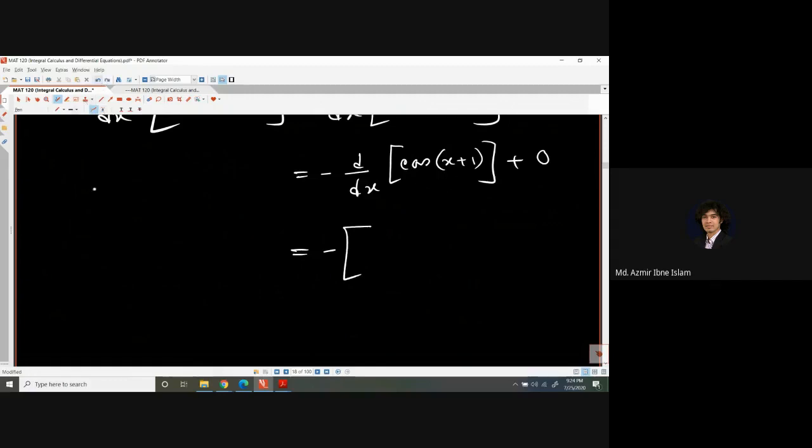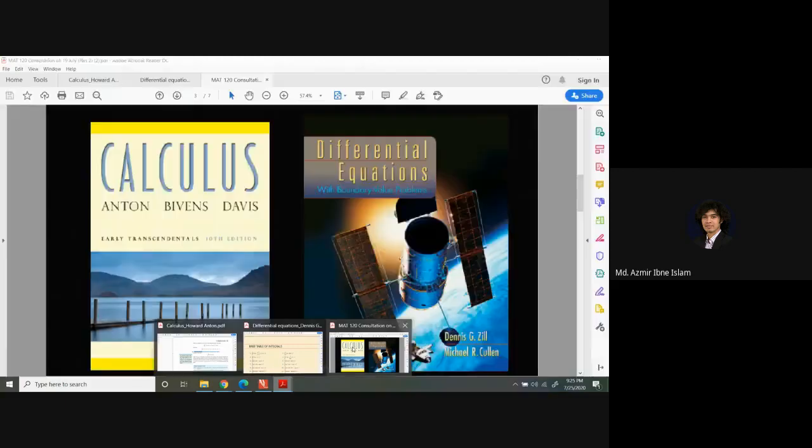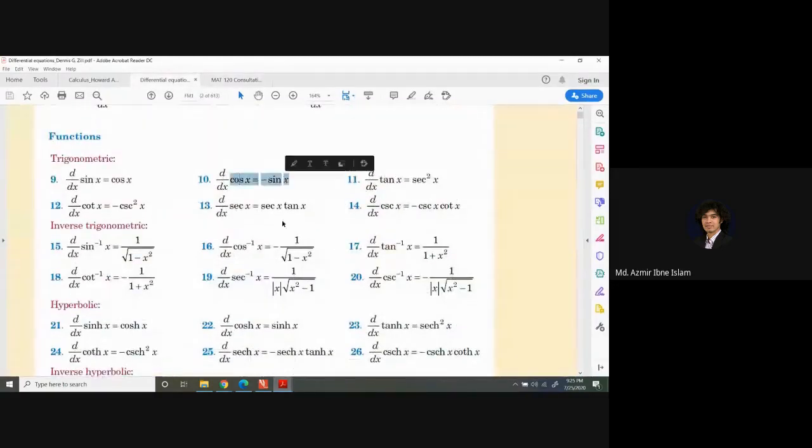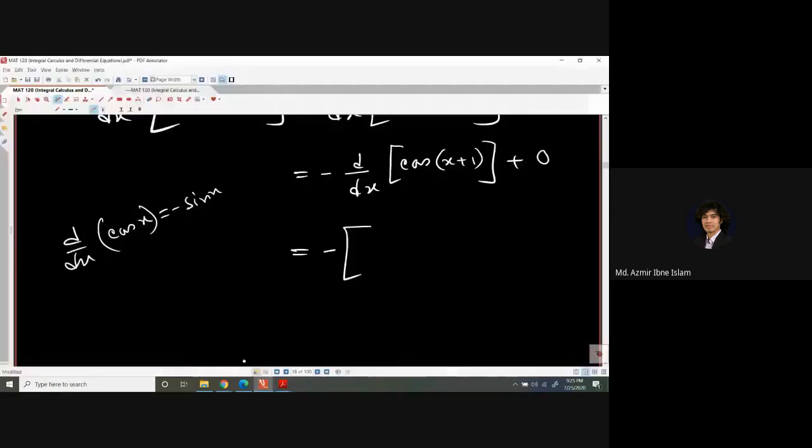At first, try to understand that this can be solved by using the chain rule. So what is the chain rule? I am discussing it directly here. You know that differentiation of cosine x is equal to negative sine x. You will find all these formulas in your textbook. So now we have some other part. How can we find the derivative?